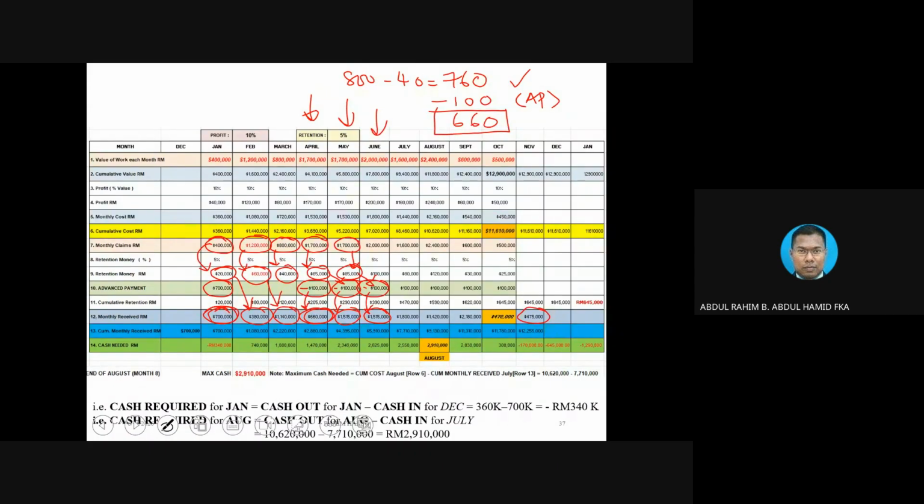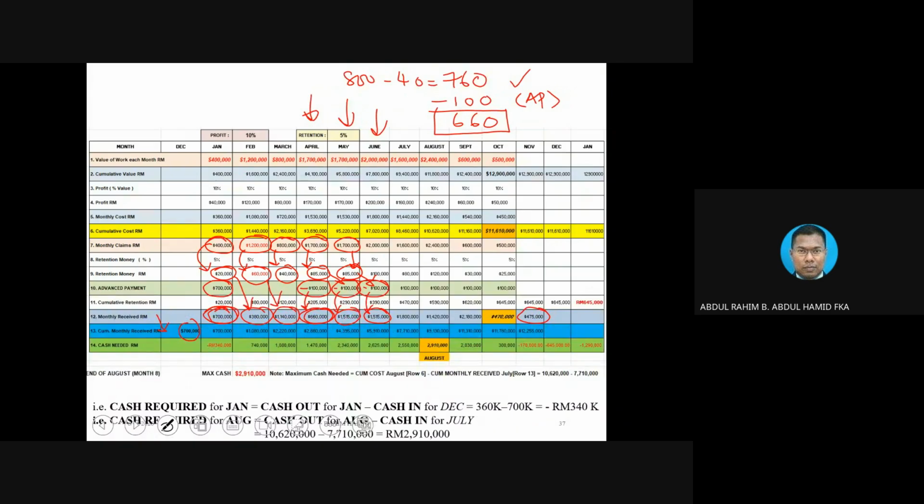Once we get the money received, then we convert those things into cumulative. Row number 13. This is the easiest part. Remember, the 700,000 normally will appear not only in January, but we normally already put it prior to the project start. So that's why 700 is there.